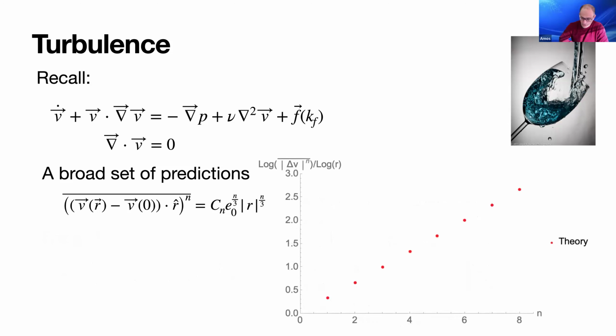So this is the theoretical prediction for the power law behavior here. This axis gives us this power, and this axis is n. We compute this thing, take the log, divide it by log r, and then it should depend on n linearly. It should go like n over 3. So this line here is just n over 3.